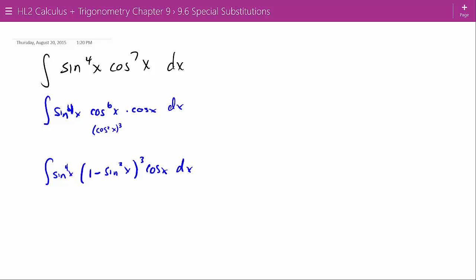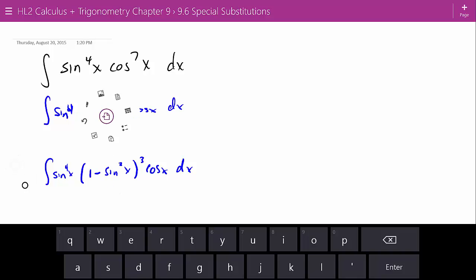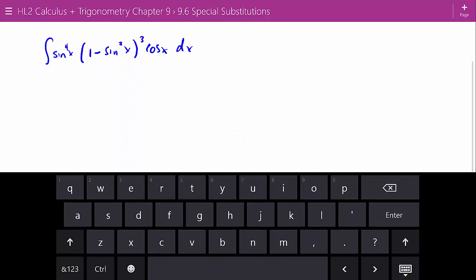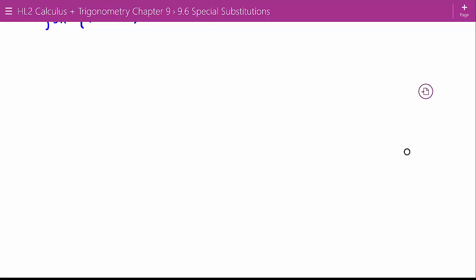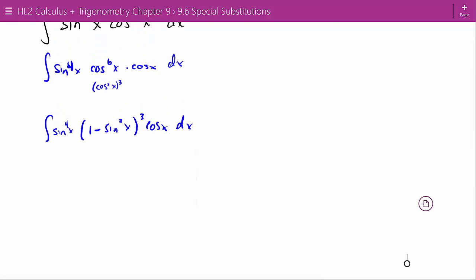We're going to follow the same strategy as when we took the antiderivative of sine cubed. I'm going to let u equal sine x.